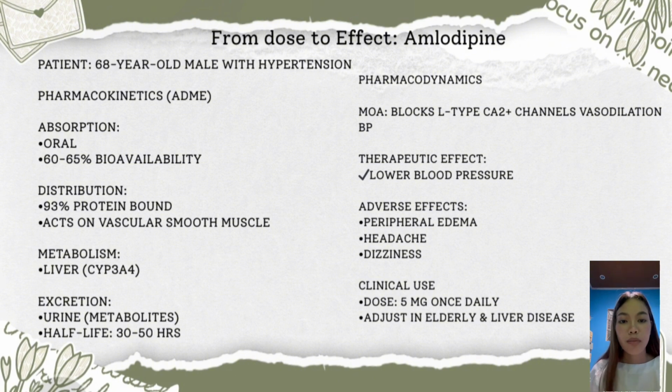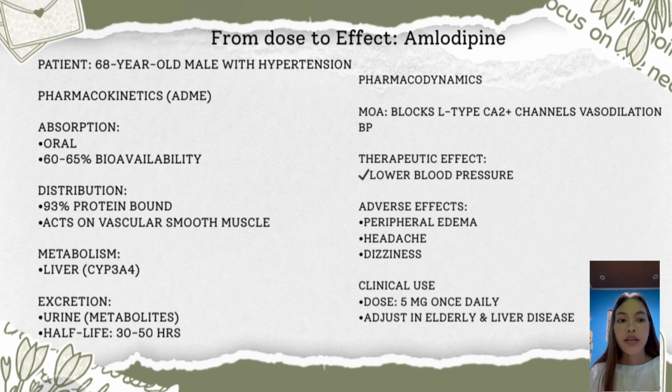Next is the metabolism. Amlodipine is extensively metabolized in the liver. It is processed mainly by the cytochrome P450 enzyme system, especially CYP3A4.